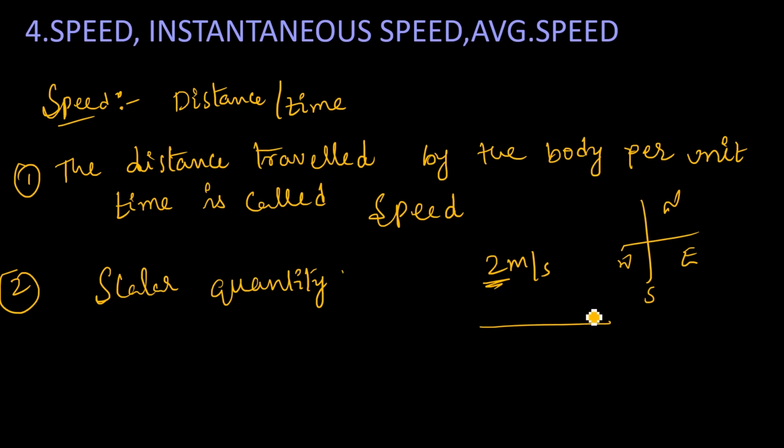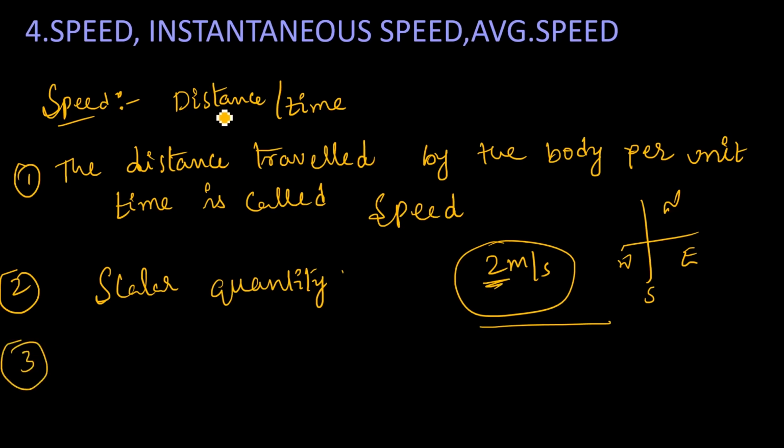Simply we are saying the body is moving with 2 meter per second. So it has only magnitude, like mass 4 kg. Then it is called a scalar quantity.